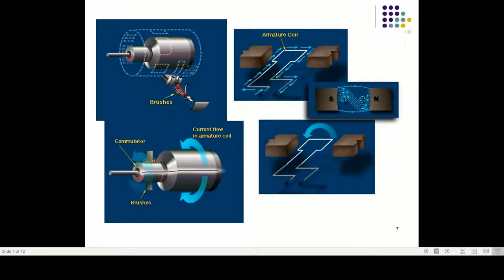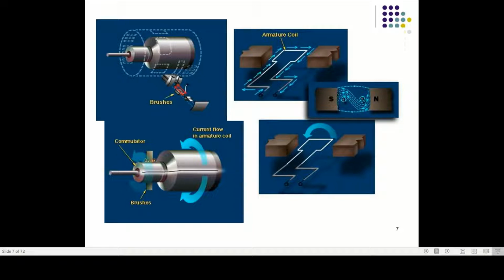Okay? And according to the fundamental laws of nature, no energy conversion is possible until there is something to oppose the conversion. In case of generators, this opposition is provided by magnetic drag. But in case of DC motors, there is back EMF here.